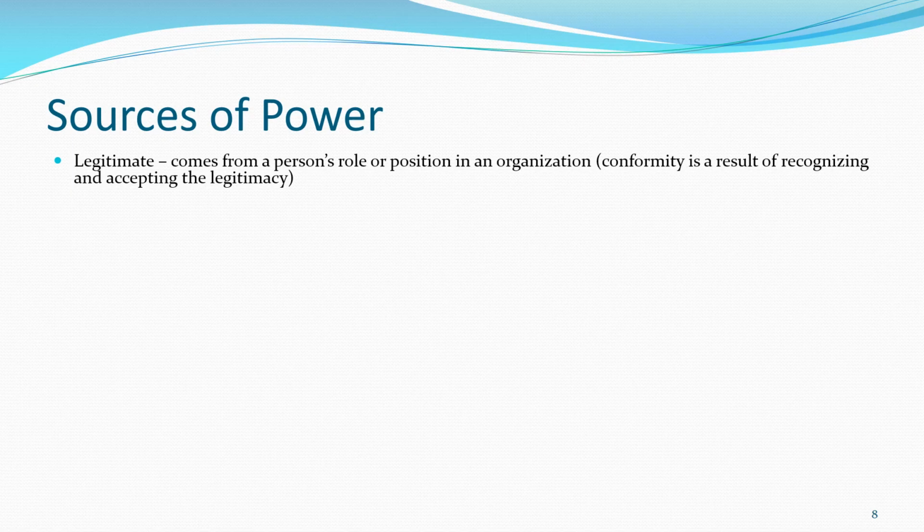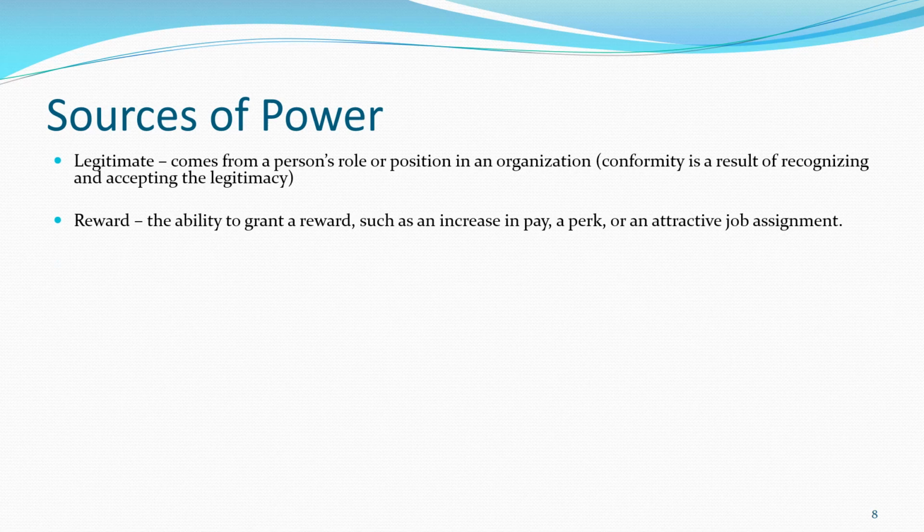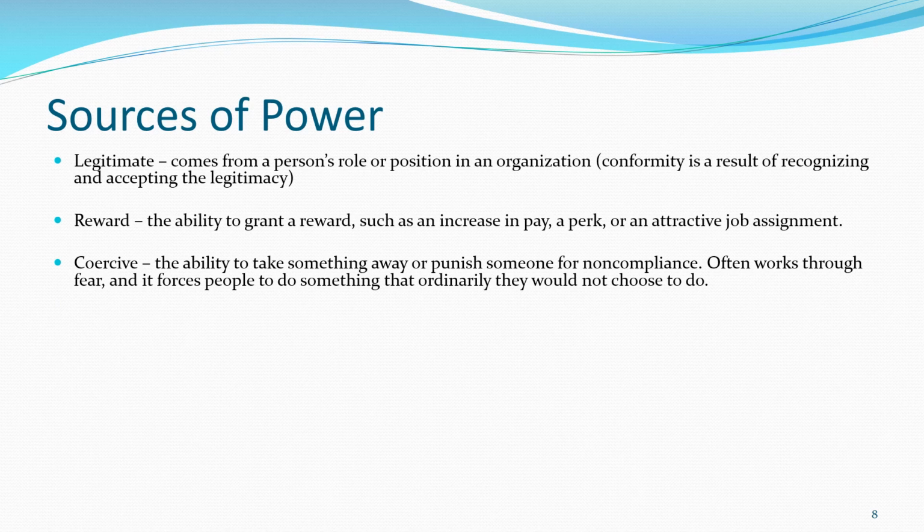That's legitimate power. We have reward power, the ability to grant a reward such as an increase in pay, a perk, or an attractive job assignment. That's a form of power that exists within an organization once that person has the authority to grant that kind of reward.